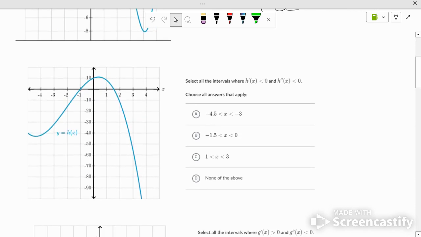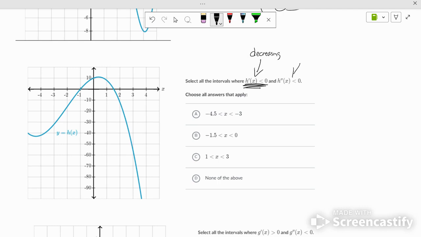All right, here we go. Select the intervals where the first derivative is less than 0. First derivative tells me whether I'm increasing or decreasing. So when the first derivative is less than 0, I should be decreasing. Where is the graph decreasing?